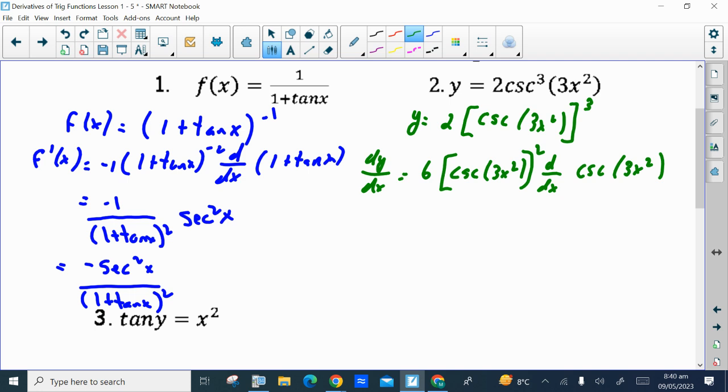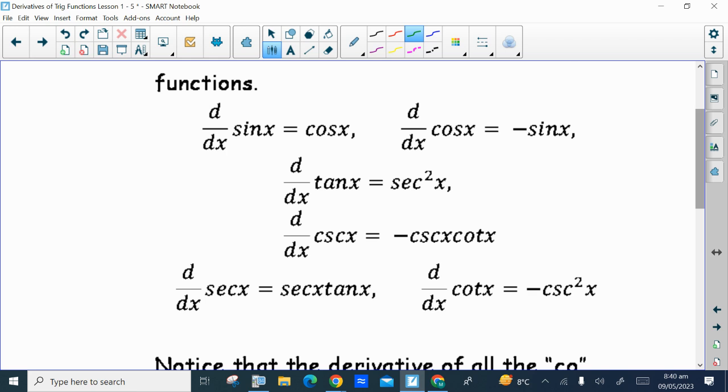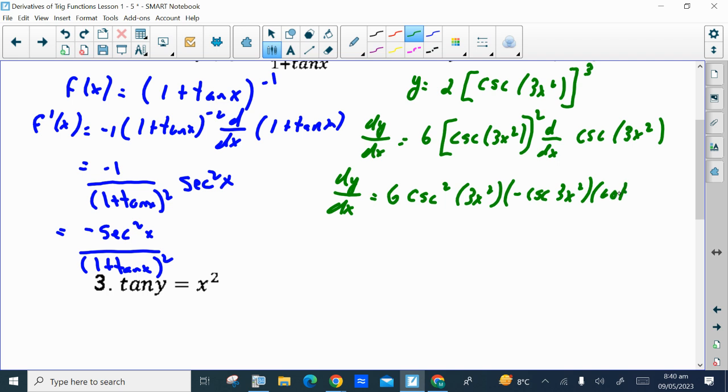So if we look back, the derivative of cosecant is negative cosecant x times cotan x. So when you differentiate that, it'll be negative cosecant of 3x squared times the cotan of 3x squared.